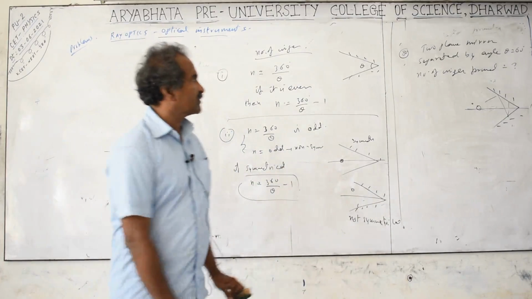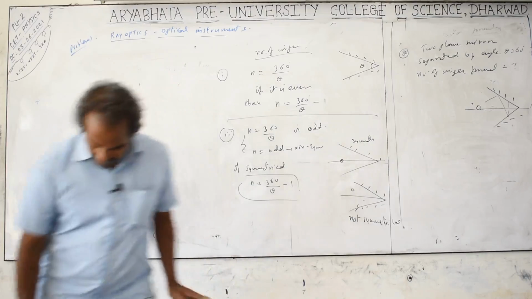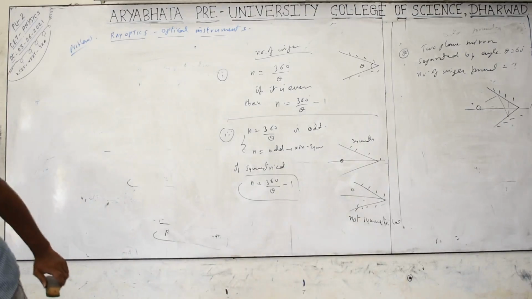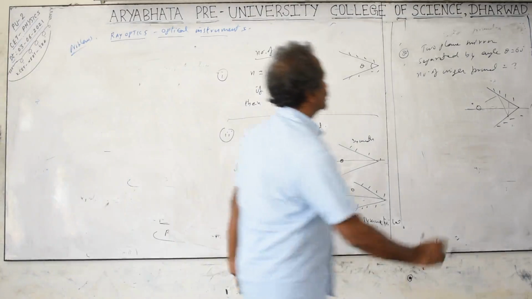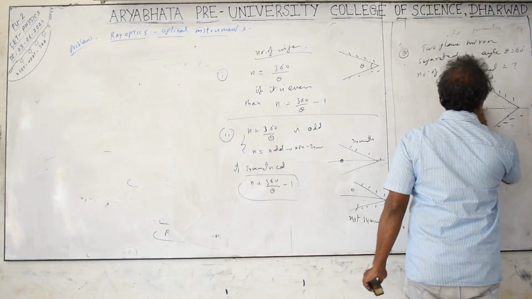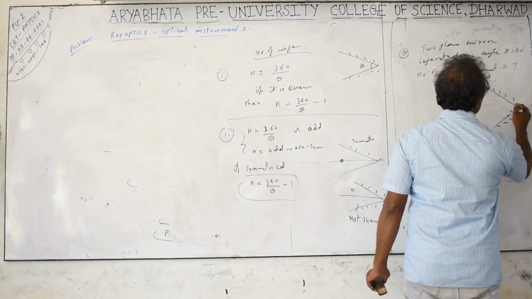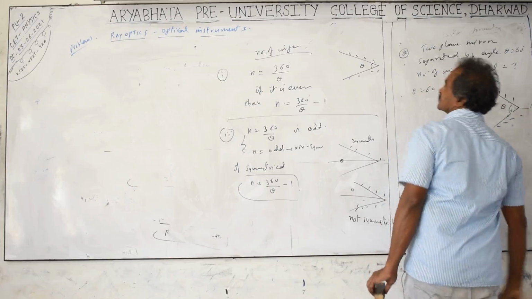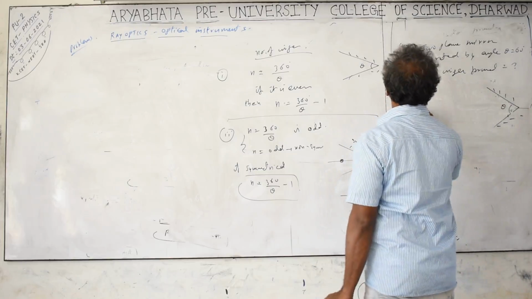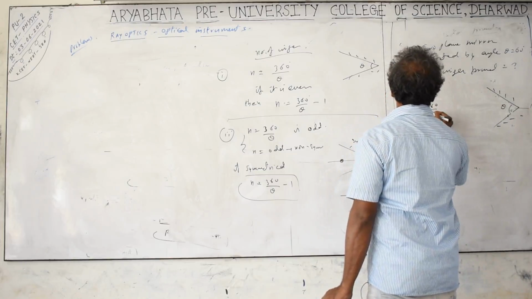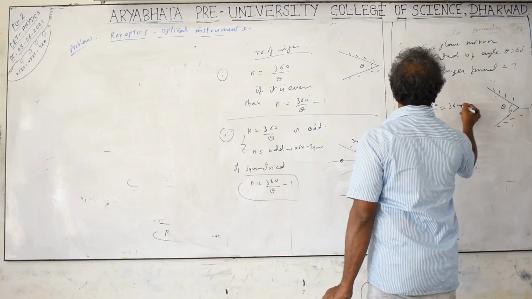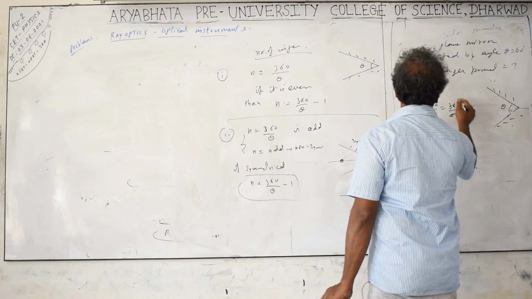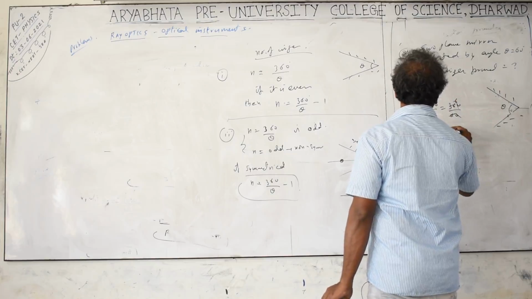In this question, they give theta equal to 60 degrees. n equals 360 by theta, equal to 360 by 60, so n equals 6, which is even.